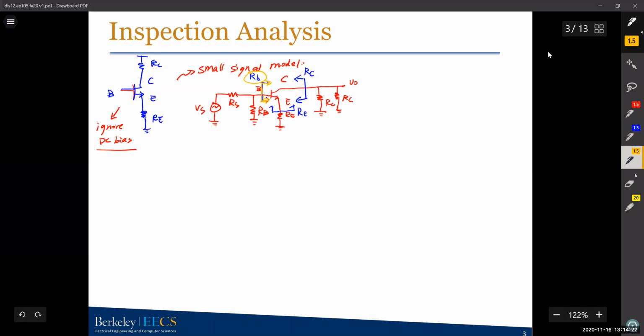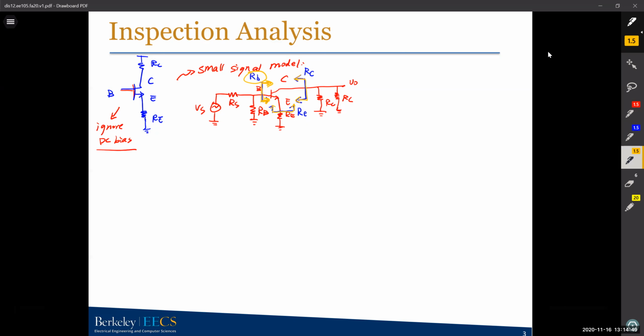R small c is the equivalent resistance when viewing at the collector to the left. And R small e is the equivalent resistance when looking from the emitter to the top. So R small b, c, e here are all equivalent resistances. They are not the actual ones.